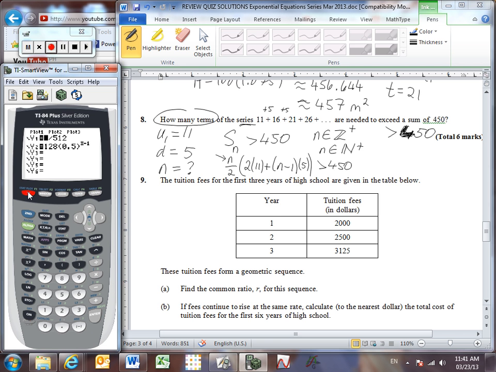So let's go into y equals, and I'm going to make my left-hand side x over 2, which is multiplying the bracketed expression of 2 times 11 plus x minus 1 times 5.